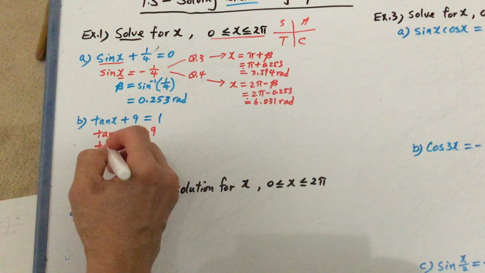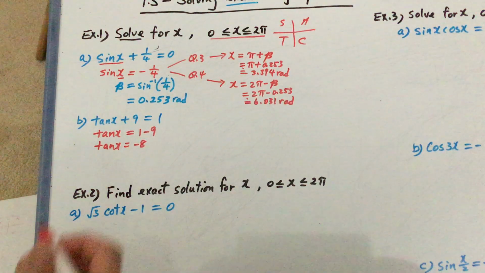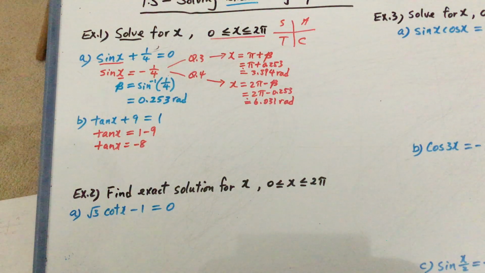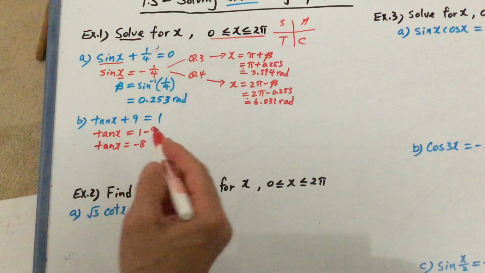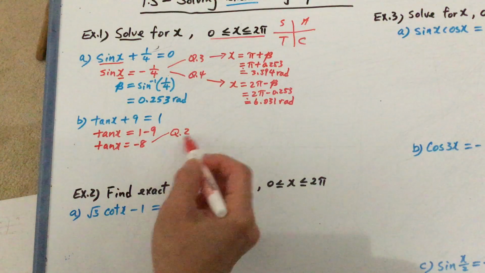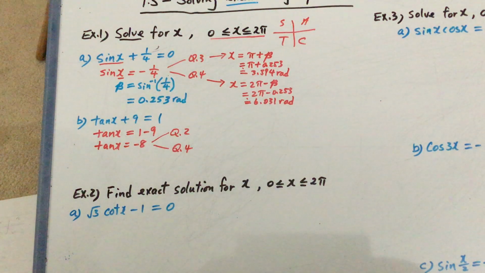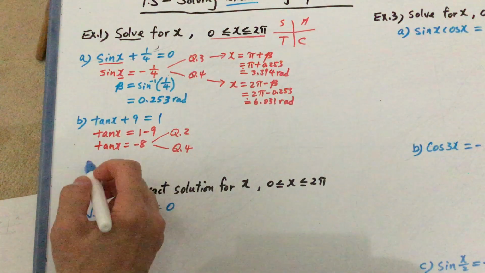So tangent x is going to be equal to negative 8. Okay, so same thing. We know that according to the CAST, tangent is negative in quadrant 2 and in quadrant 4. So first I need to find out what my related acute angle is.